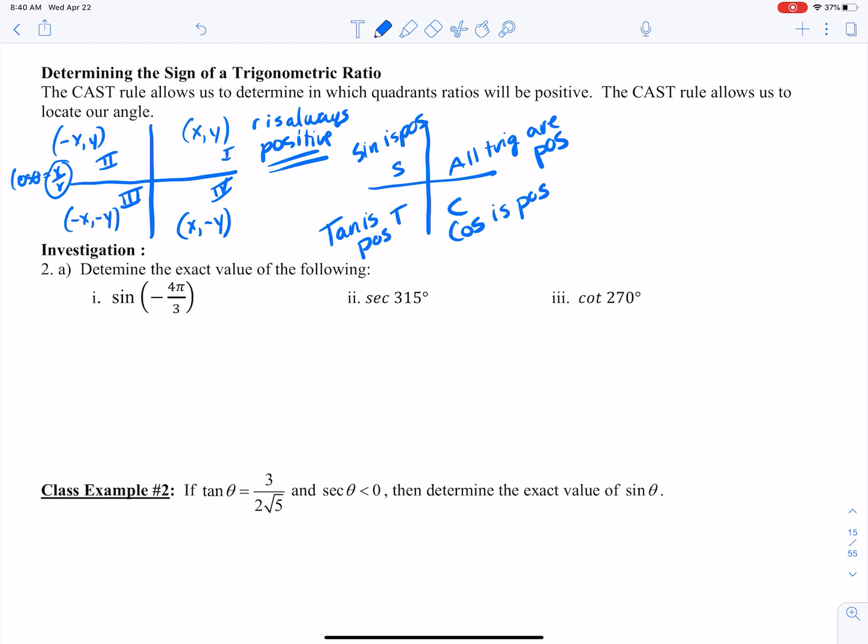And because the reciprocals are just the reciprocal of the fraction, in quadrant 1 all the reciprocals are also positive, and in quadrant 2, cosecant is also positive because it's the reciprocal of sine. Quadrant 3, cotan is also positive, and in quadrant 4, secant is also positive. But what we focus on here is the primary trig ratios. So all positive in quadrant 1, sine positive in quadrant 2, tan positive in quadrant 3, and cos positive in quadrant 4.